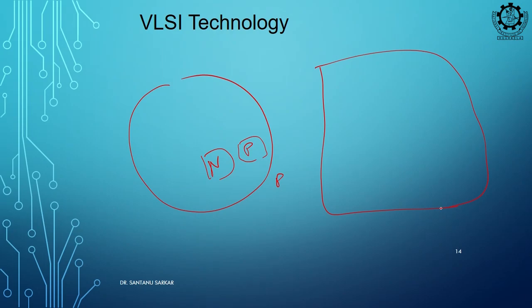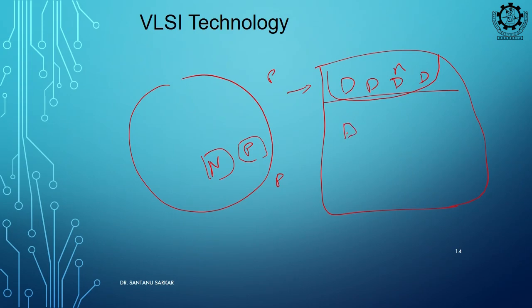So, this is capable of building up NMOS. Now, suppose this portion I have reserved for PMOS. So, what I will do? I will dope this portion with N type, full portion, and say several PMOS I will be designing. Clear? That is one option.